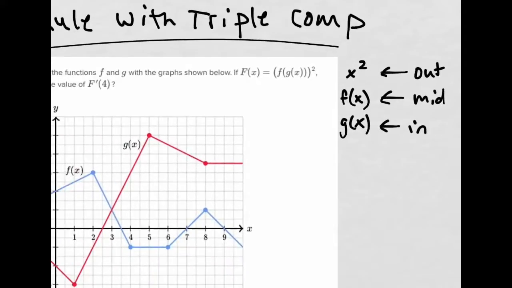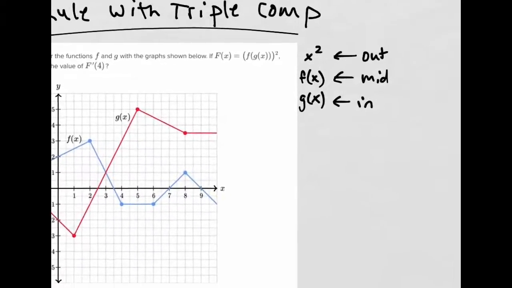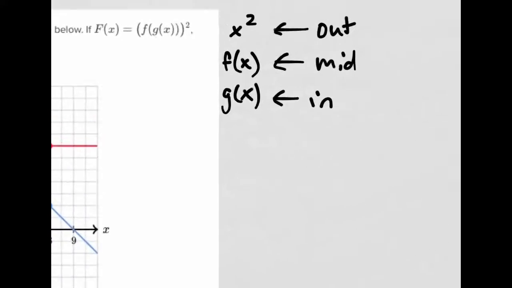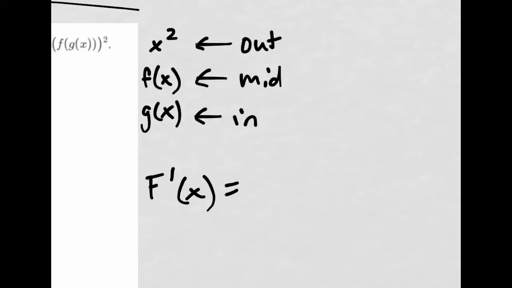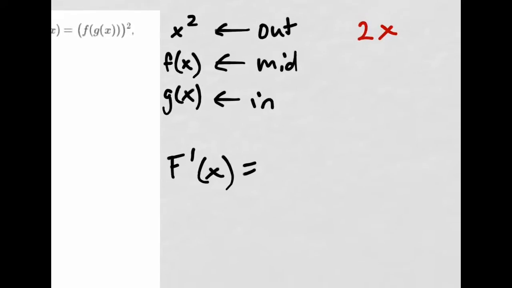So, here we go. The chain rule says the derivative of the outside with the inside the same. Well, I know that the outside is x squared, so the derivative of that would be 2x.